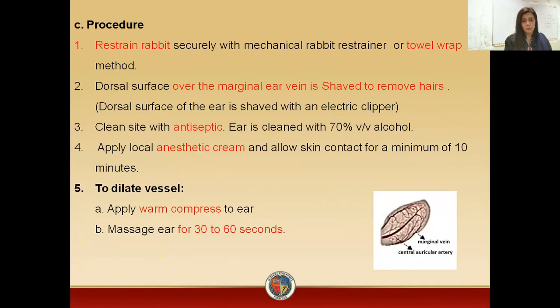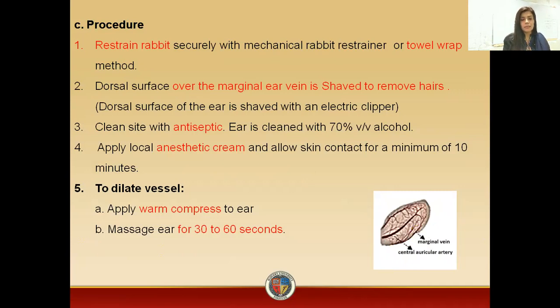Now, what is the exact procedure? Okay. The first step is to restrain the rabbit. If the rabbit holder is not available, you can use the towel wrap. Secondly, you have to select the dorsal surface, that is the back side of the ear of the rabbit, and you have to locate this marginal ear vein that is shaved to remove the hairs.